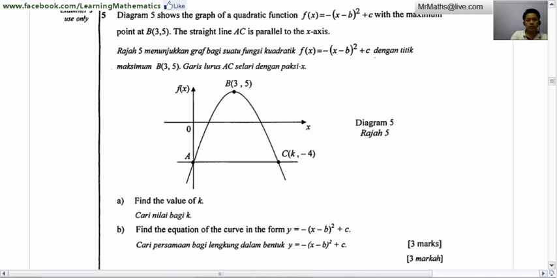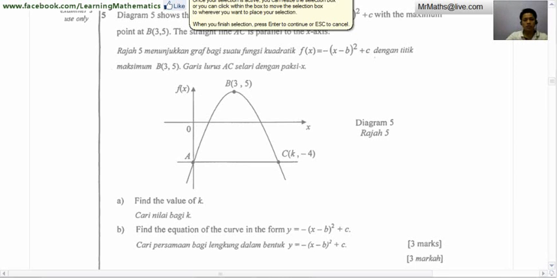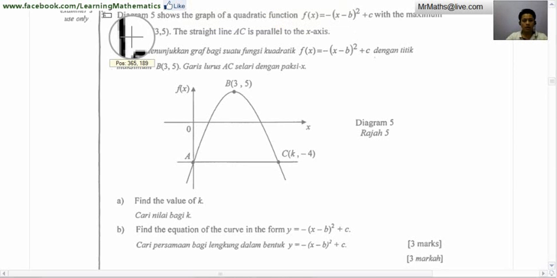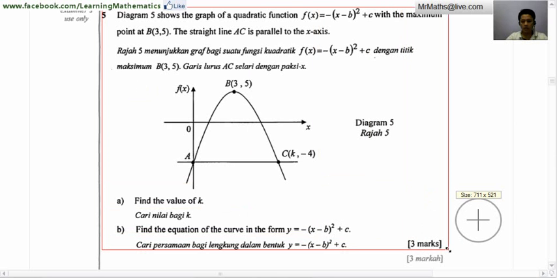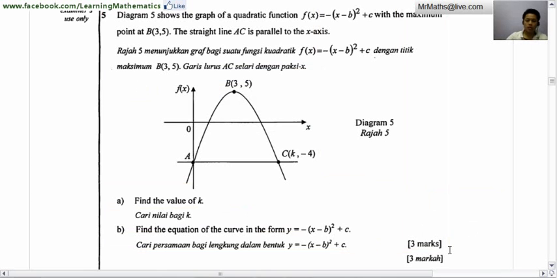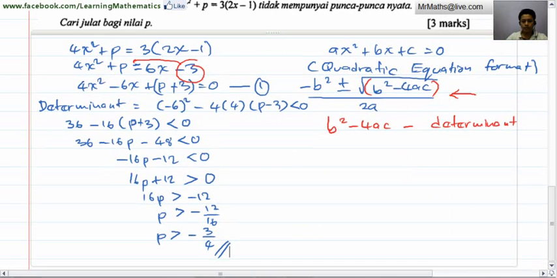Well, let me just go and copy this into a separate paper. Let's put it somewhere here.